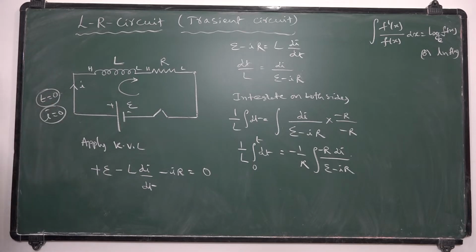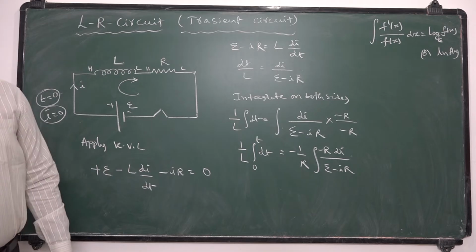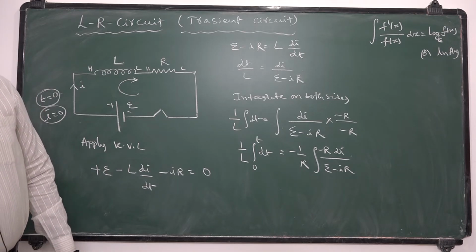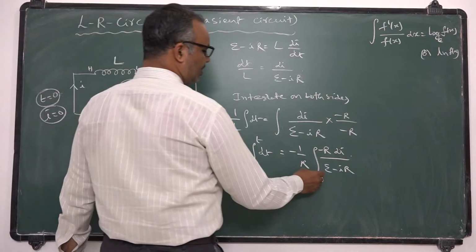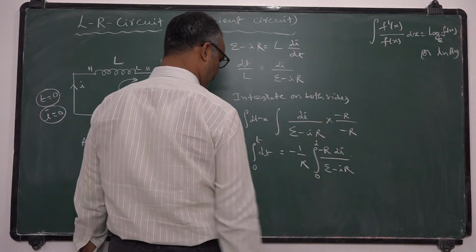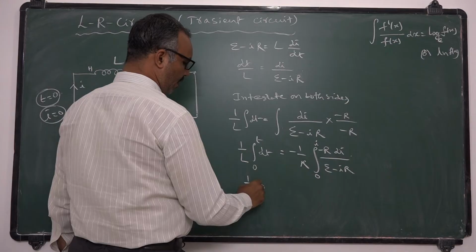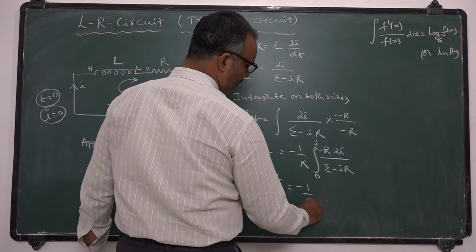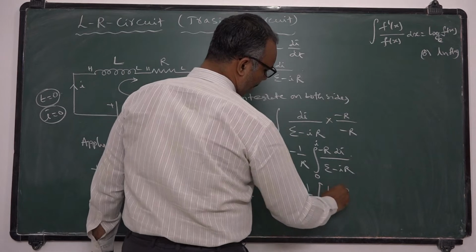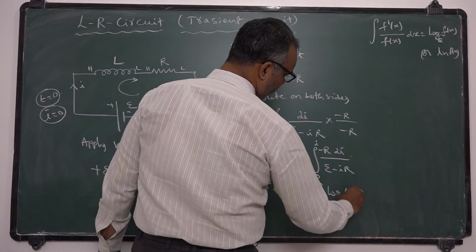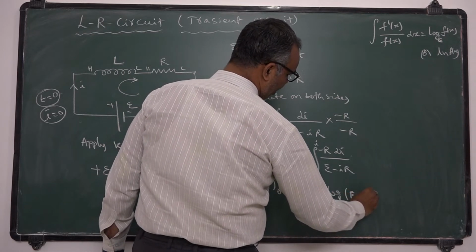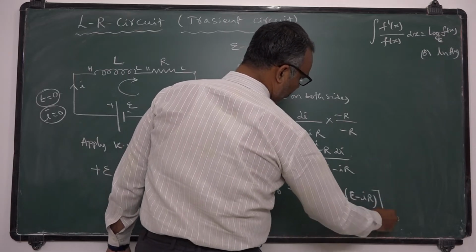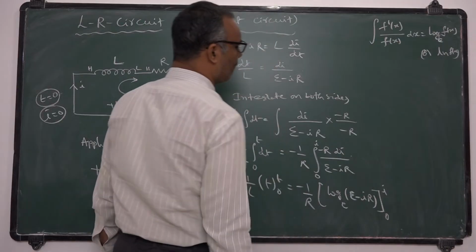After some time, the current passing through the circuit becomes I. So let me take the limits as 0 to I. 1 by L, 0 to t, minus 1 by R, ln of (E minus IR) to the base e. Limits are from 0 to I.